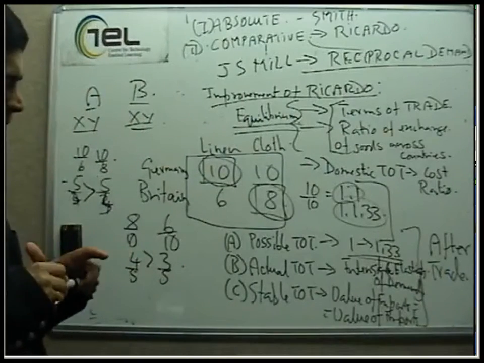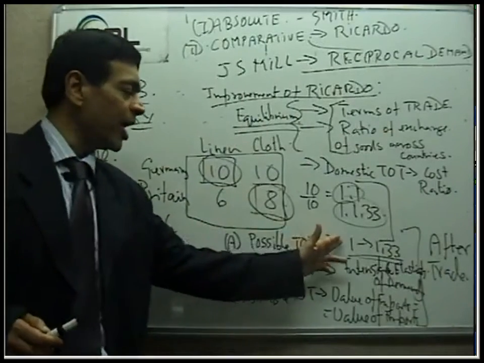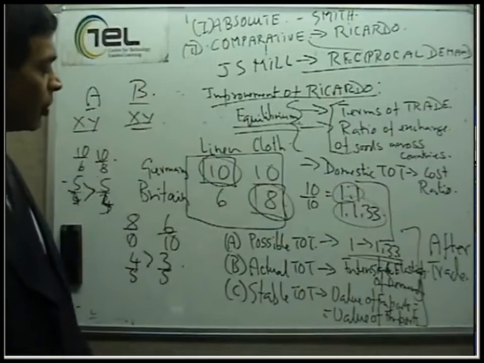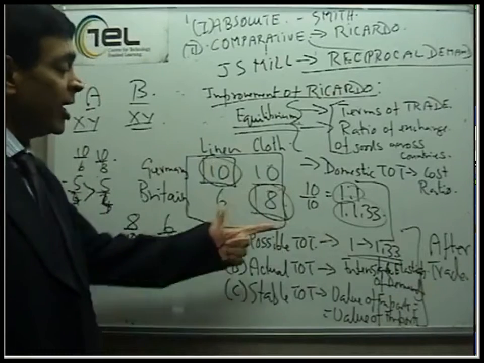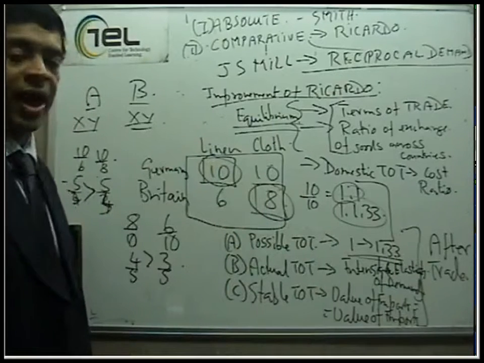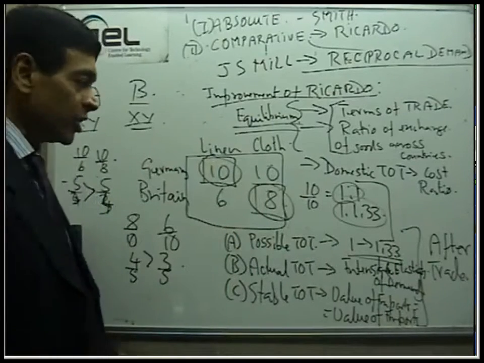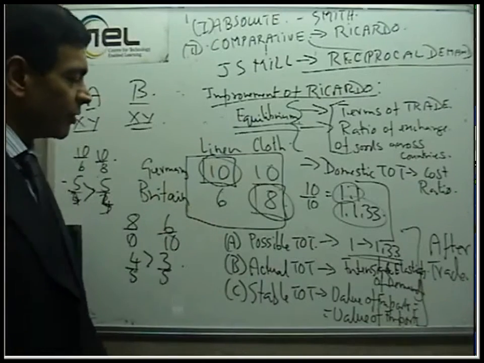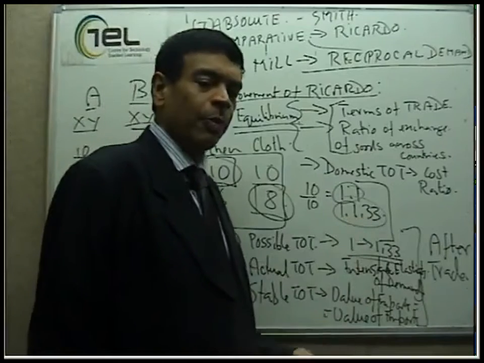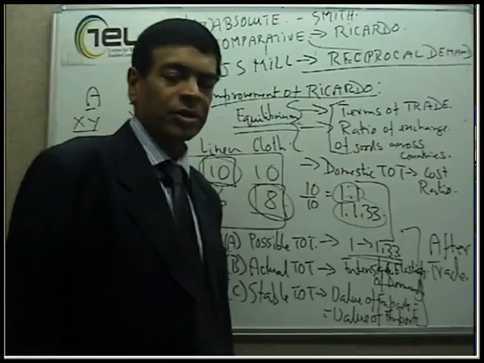I repeat, a possible terms of trade lies between the domestic cost ratios, what is given earlier. The actual terms of trade, what it actually will be, depends on the intensity and the elasticity of demand, or the strength of demand. And thirdly, equilibrium or stable terms of trade is where the value of exports is equal to the value of imports.